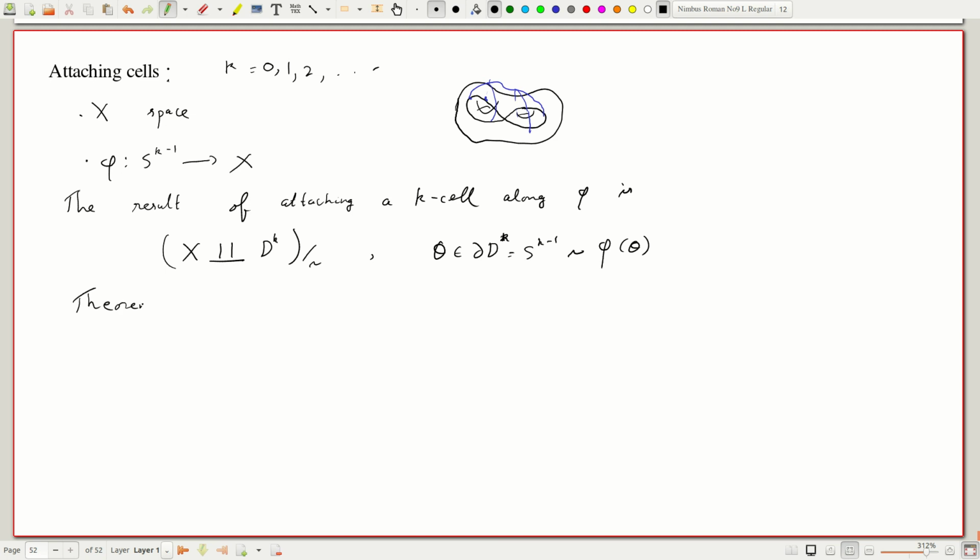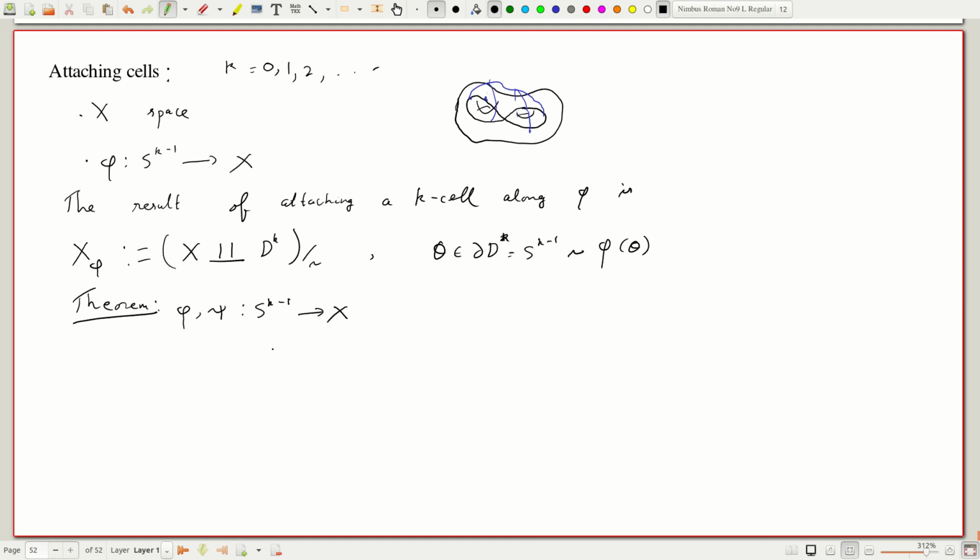Let me call it a theorem. Suppose we have phi and psi, both maps from S^(k-1) to X. Let's introduce some notation here. Let's call this X_phi or something like that.